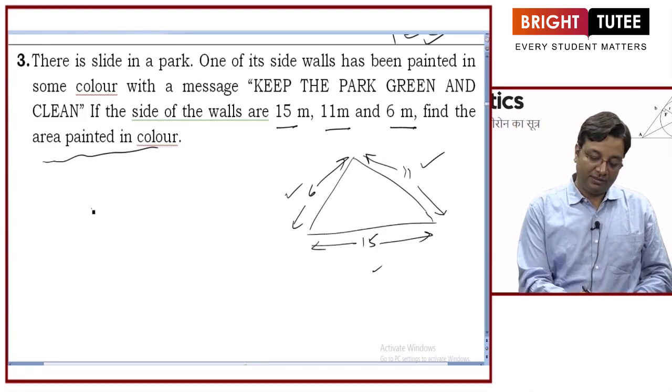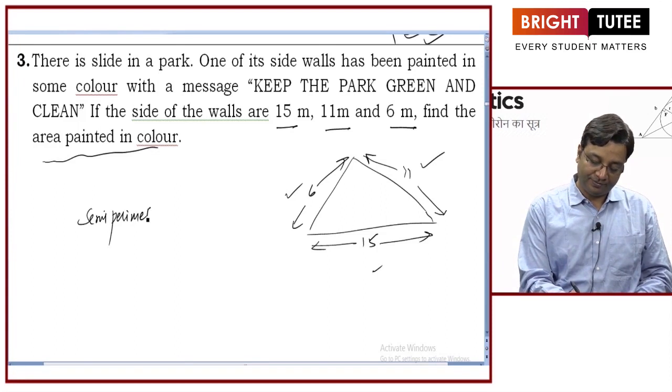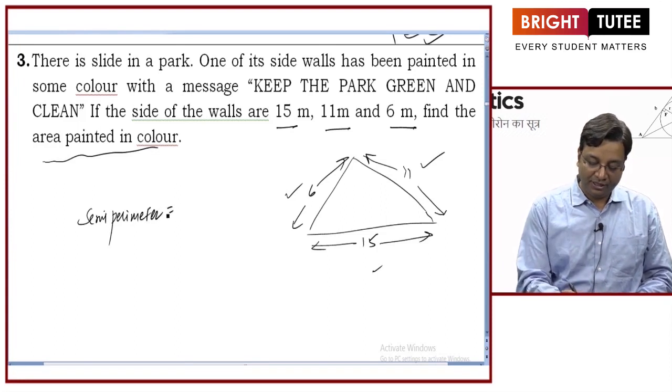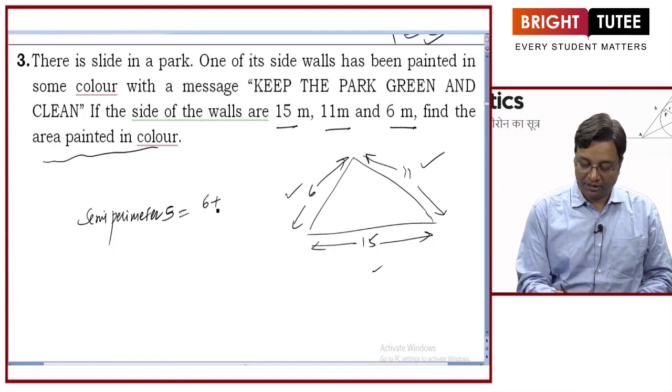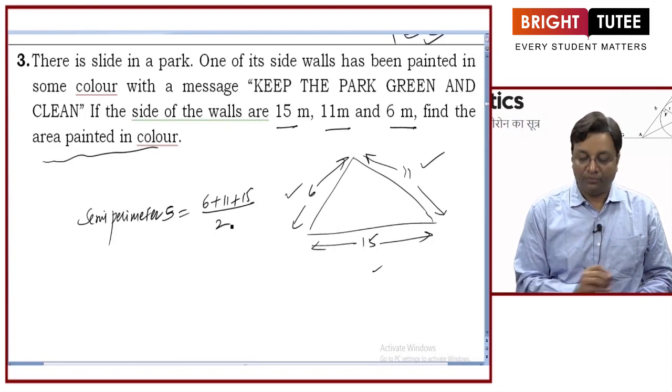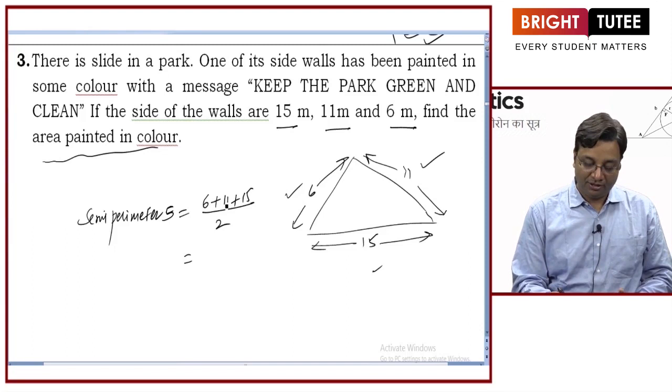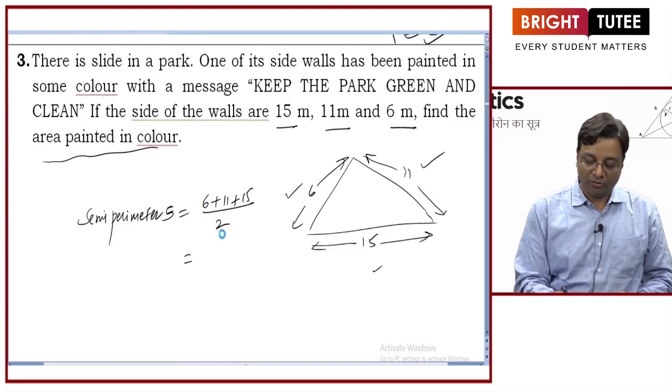So the first thing we will find is semi perimeter, which is, let us denote it by S, and it is equal to 6 plus 11 plus 15 by 2. Okay. 15 plus 11 is 26, 26 plus 6 is 32, 32 by 2 is 16.